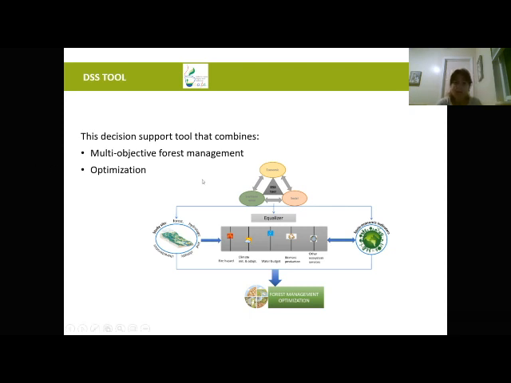So it will be like an equalizer where the user can choose among different ecosystem services provisioning, and not just choose, but also say if the user wants to maximize, to minimize, or just get the information. So the user will pick the goals for forest management, and the DSS tool will help to design the management scheme in order to get these goals.